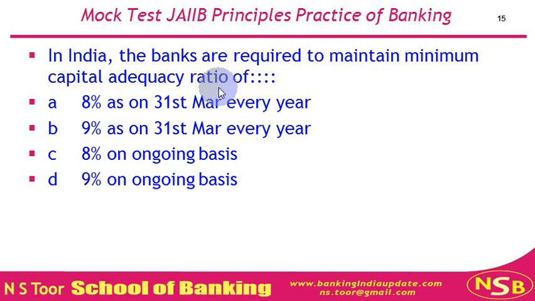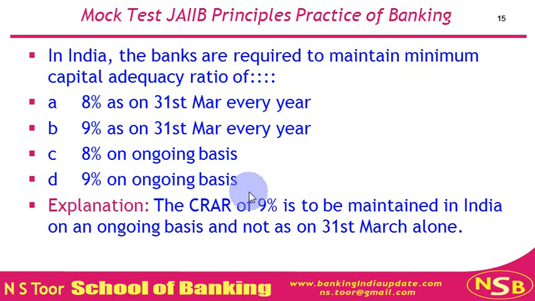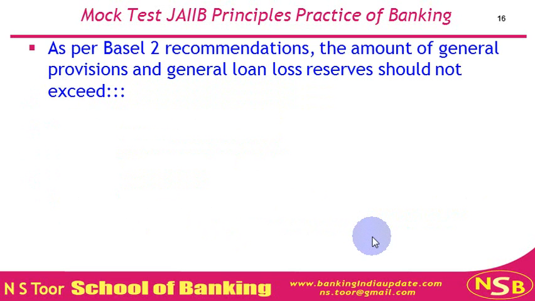For 100 of risk weighted assets, banks must maintain minimum capital fund of rupees 9. Hence option D is correct. The CRAR, capital to risk asset ratio, of 9% is to be maintained on an ongoing basis and not as on 31st March alone.